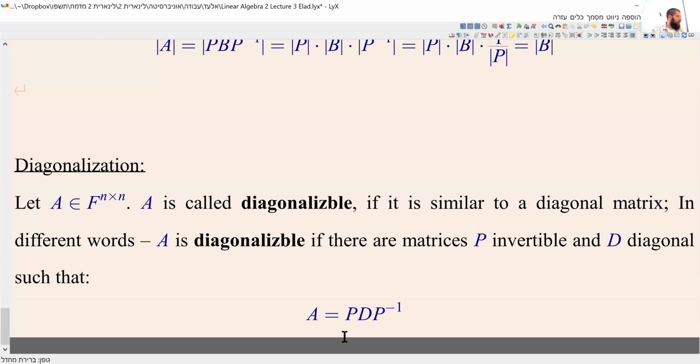The diagonalization is the process of explicitly finding such P and D.